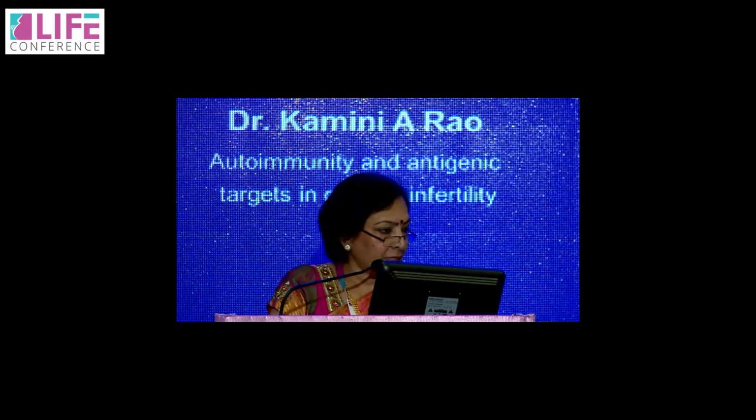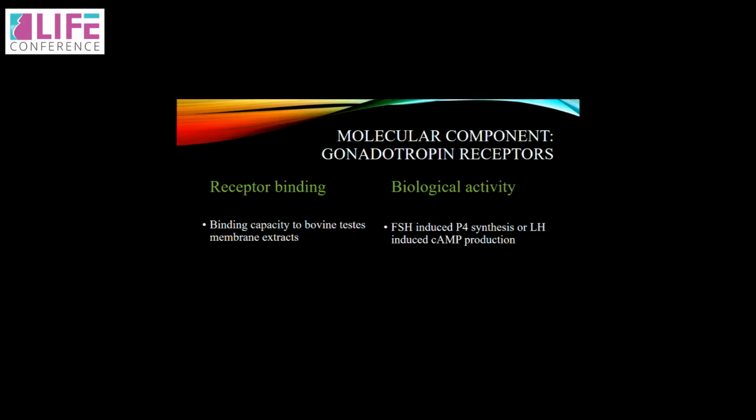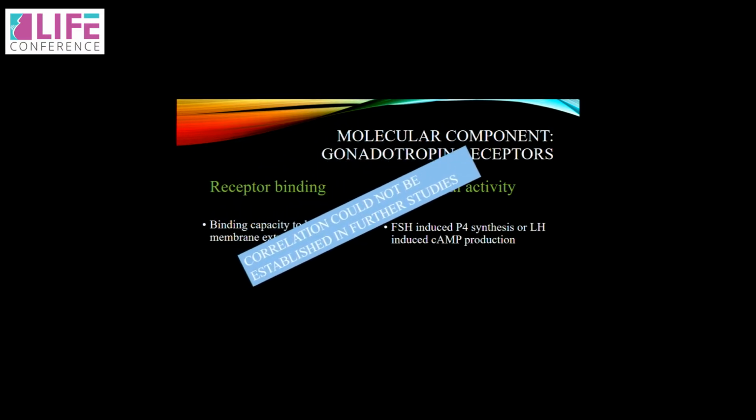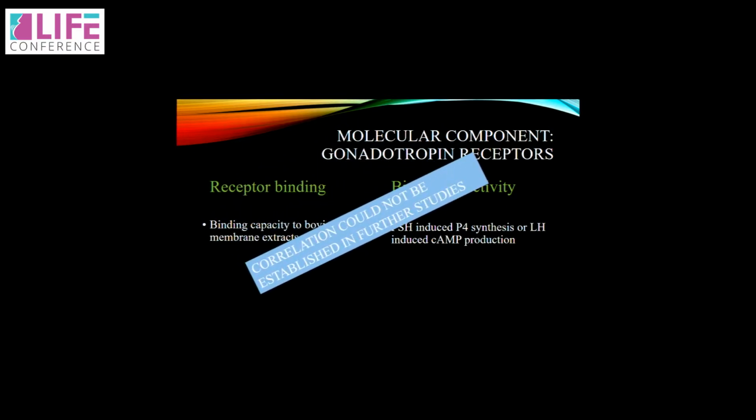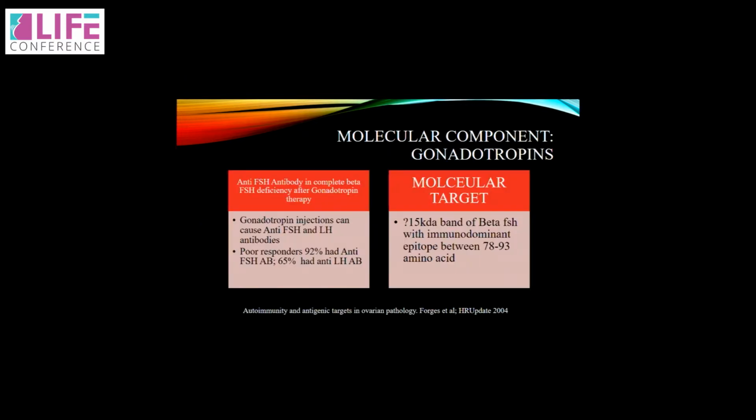The binding capacity here was to bovine testes membrane extracts. So what is the biological activity here? The FSH-induced progesterone synthesis or LH-induced cyclic AMP production is at fault. Correlation could not be established in further studies. So this was the only study that was there, and we need to look at more studies before we can get any meaningful results.